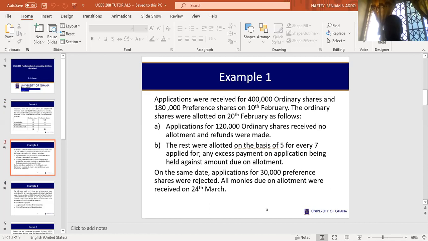The rest were allotted on the basis of 5 for every 7 applied for, any excess payment on application being held against amount due on allotment. On the same date, applications for 30,000 preference shares were rejected. All monies due on allotment were received on 24th March.